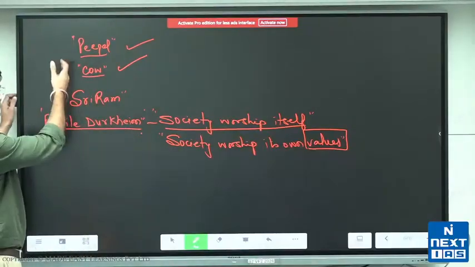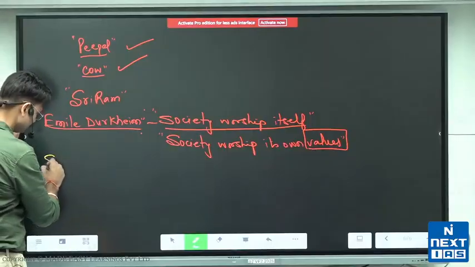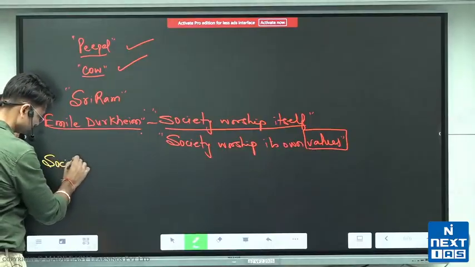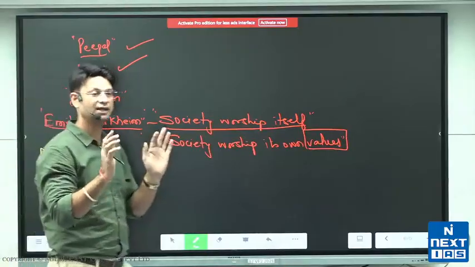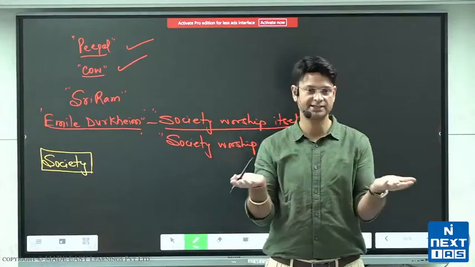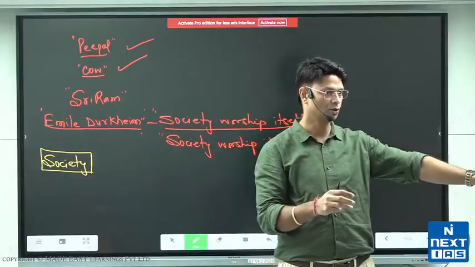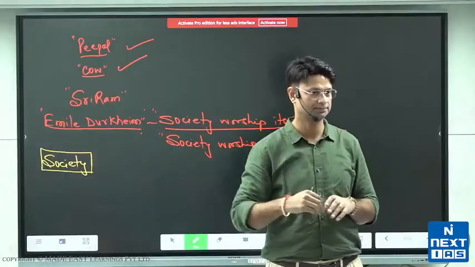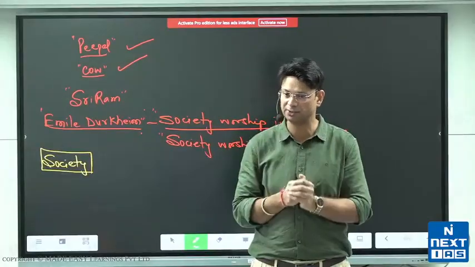And then you will try to understand everything collectively. So he says, every society is based on some values. As long as the values remain, society remains. The moment values are gone, society is also gone. So society's survival is dependent on those values.